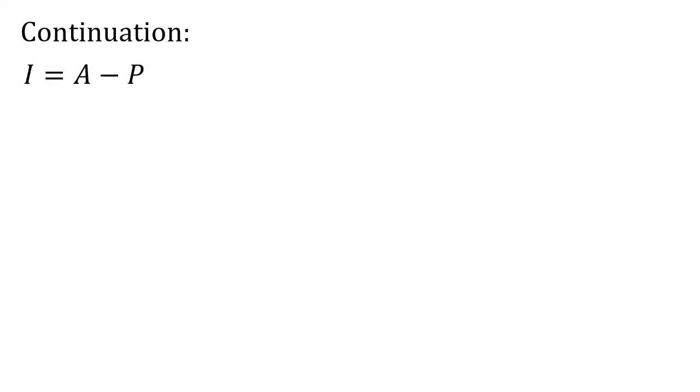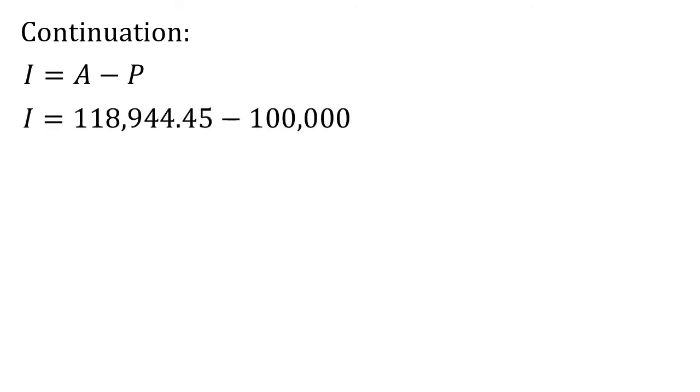For the continuation, let us solve for the interest. Let us use the formula I equals A minus P. So we have obtained the A, or the final amount, which is 118,944.45, so minus 100,000, that's 18,944.45.